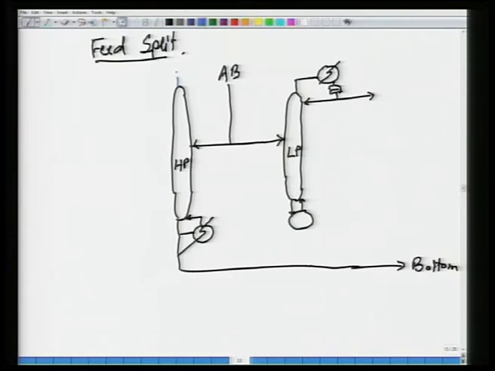This hot vapor is used here. It condenses, and once it has condensed, it is collected in a small drum, and part of it is withdrawn as distillate.